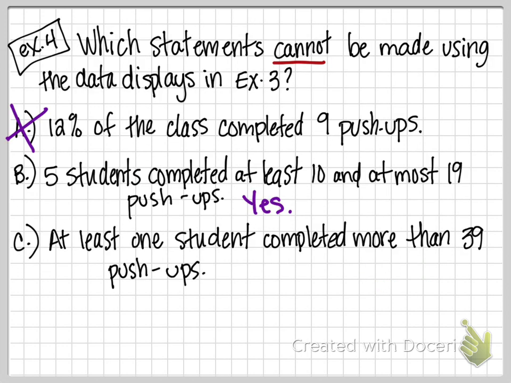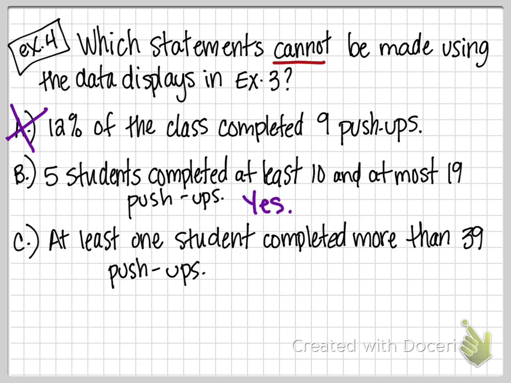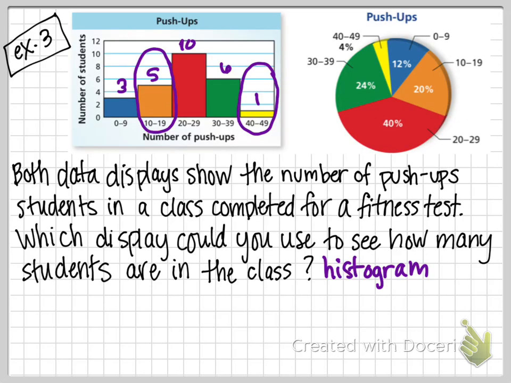And then let's look at letter D. Less than a quarter of the class completed 30 or more push-ups. Less than a quarter, 1/4 is 25%. So less than 25% of the class completed 30 or more. So let's look back at our graphs. What did it say?